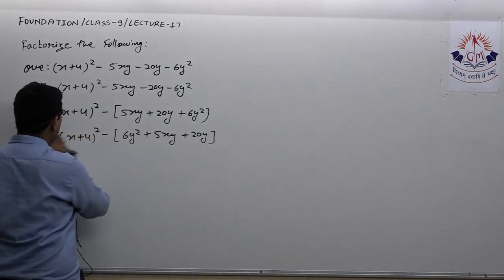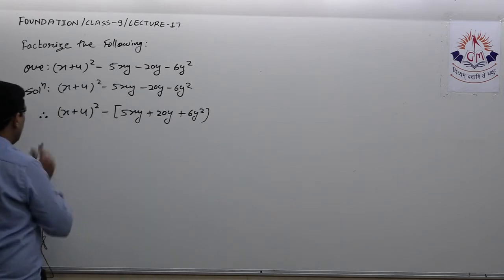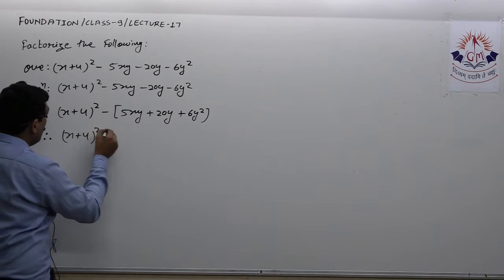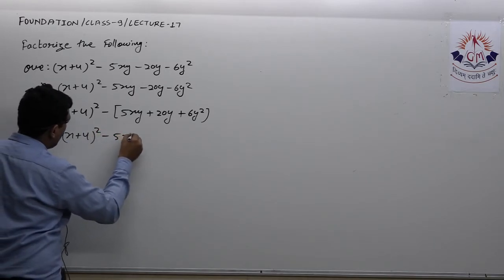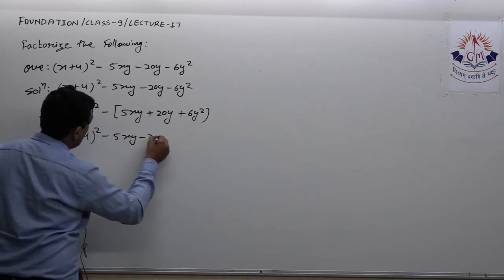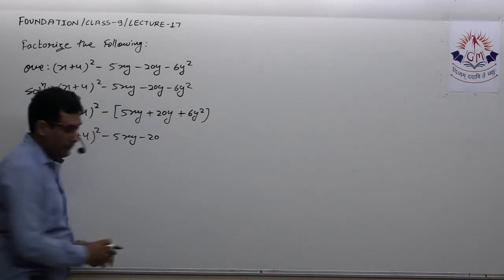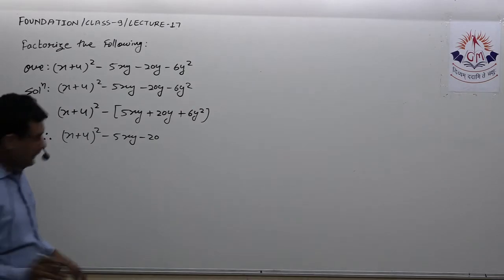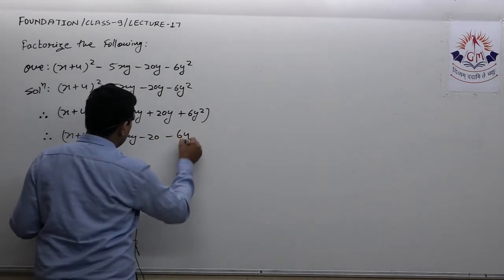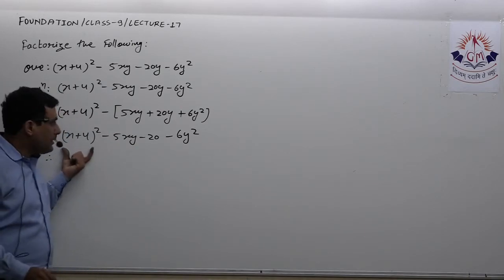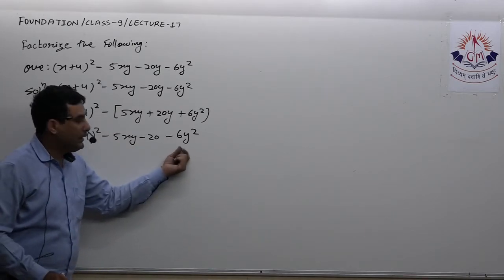So let me rewrite this step once again. Here this is x plus 4 whole square minus 5xy minus 20y, minus 6y square. It's quite possible that this is a square and this might be a b square.